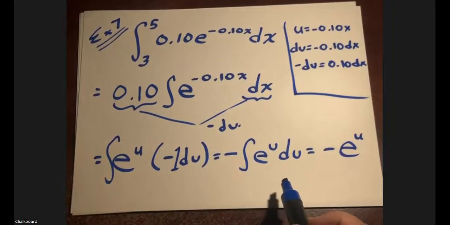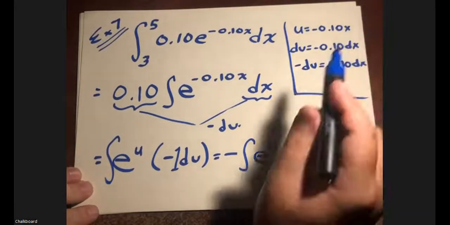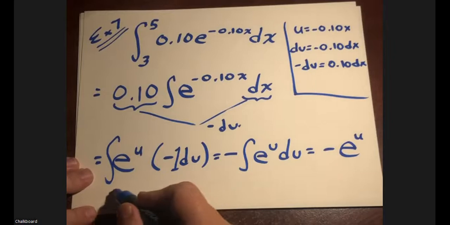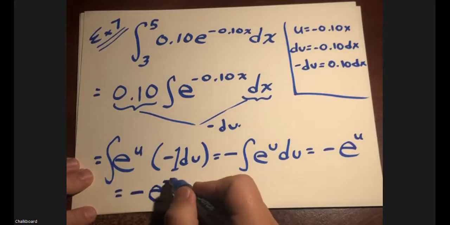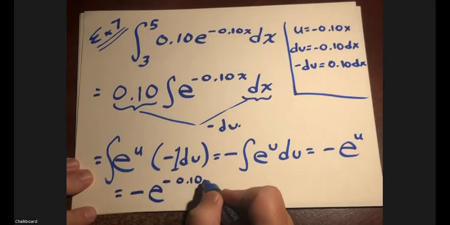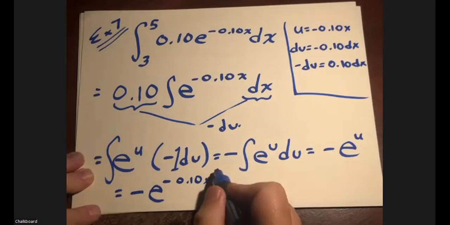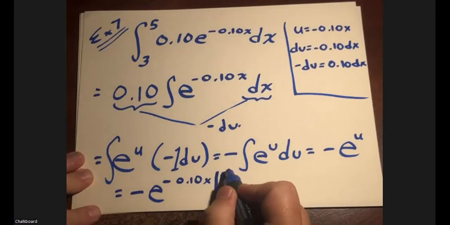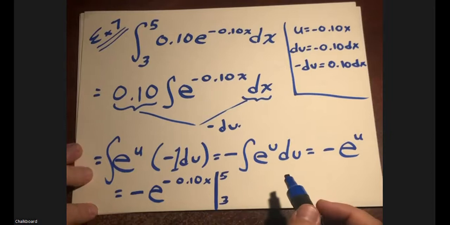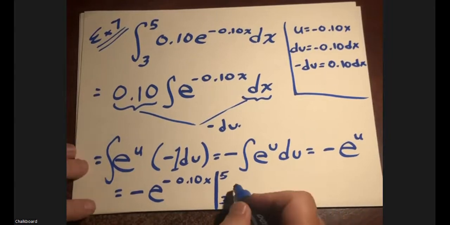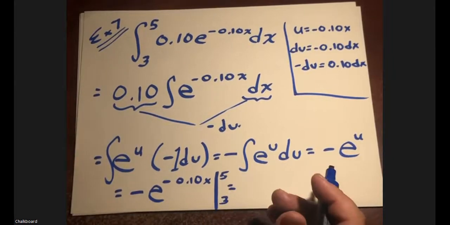What is u? u is negative 0.10x. So this has just become negative e to the negative 0.10x. And now I need to evaluate it at 5 and 3. What does that look like? Well, with all these negative signs, I'm going to be careful.